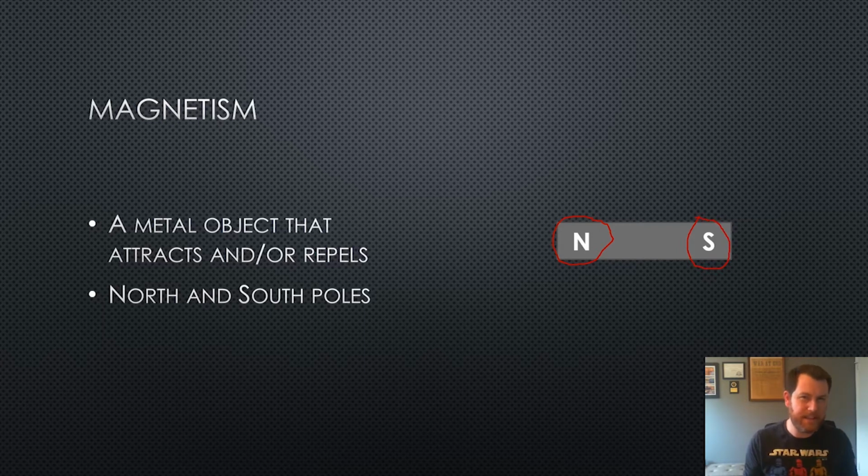Now that might sound familiar to you. You may have heard that the Earth has a north and a south pole. And that's true because the Earth is like a big magnet. It has a magnetic north and a magnetic south pole. But for now, let's just focus on bar magnets. And so this is a metal object. It has the force of magnetism, and it can attract or repel things. And we'll explore what we mean by that in just a second.